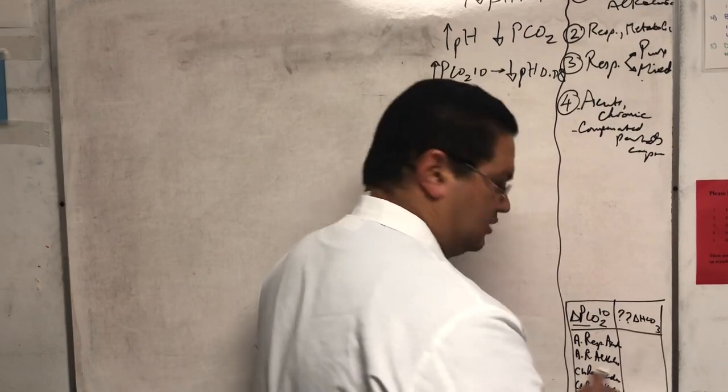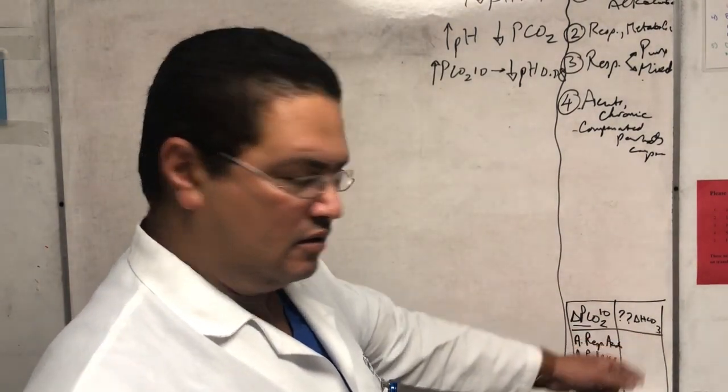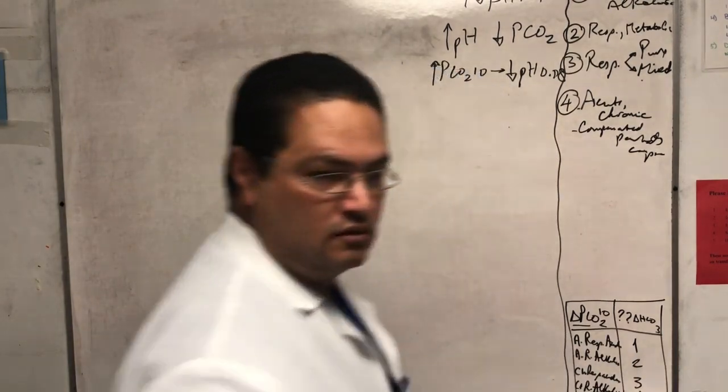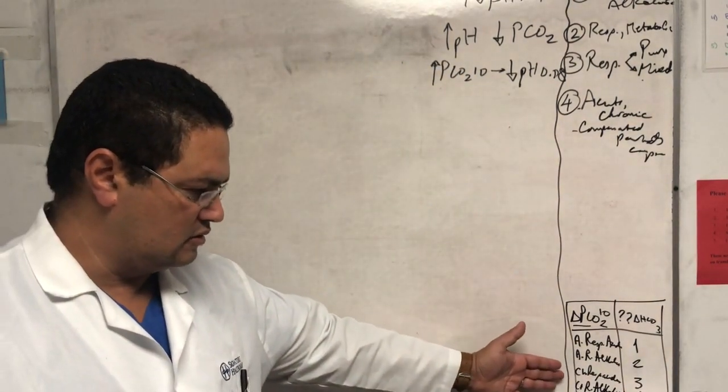That's the 4 respiratory disorders. There's no other respiratory disorder, right? The change expected from bicarb is 1, 2, 3, 4. So it's easy to remember. Respiratory acidosis, respiratory alkalosis, acidosis, alkalosis.